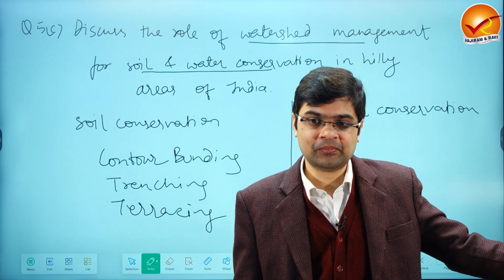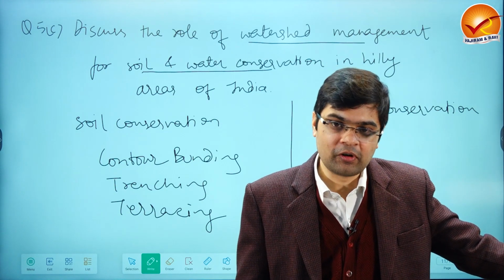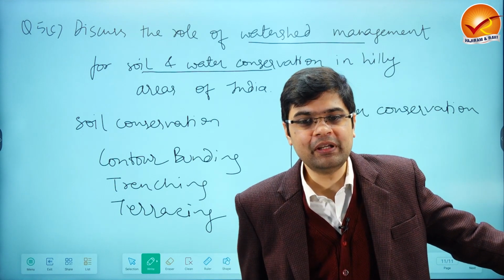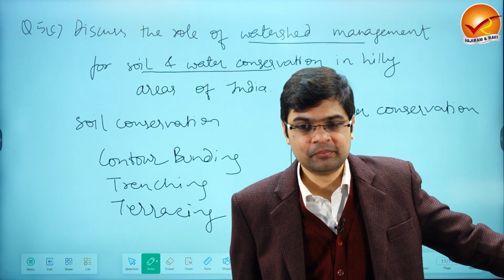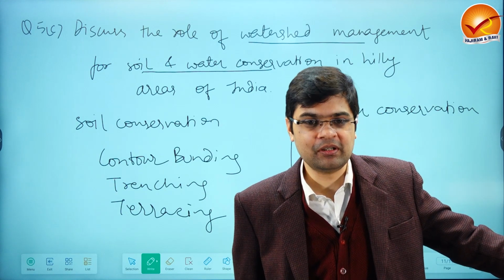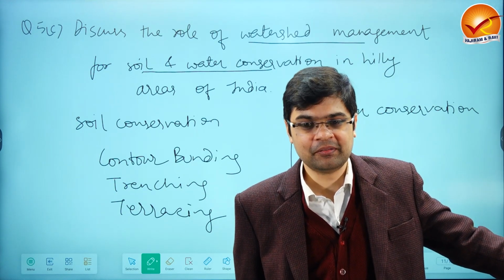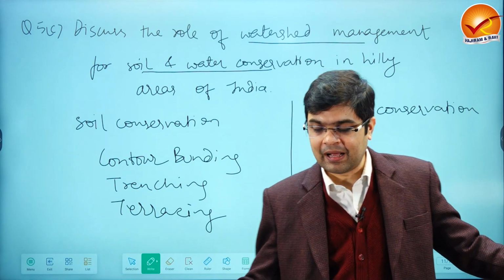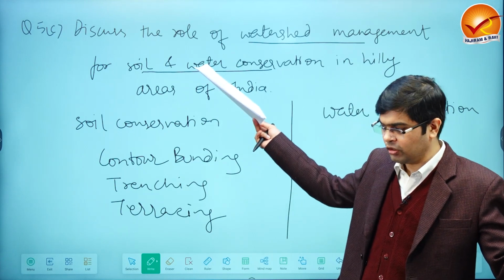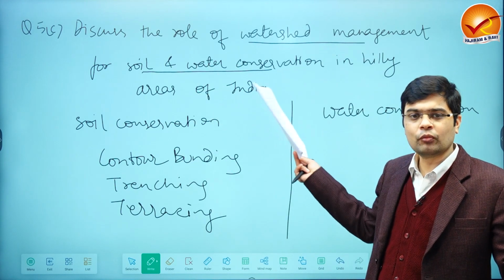What else? For success of watershed management, what do we need? Community participation, bottom-up approach, decentralized planning. Okay, so you will answer the question with just a short introduction, 2-3 lines. Then the role in soil conservation, water conservation.